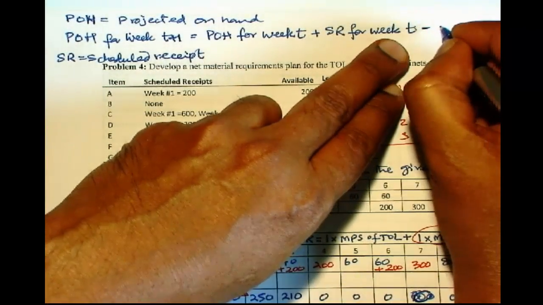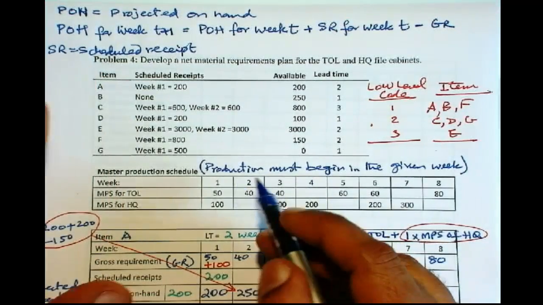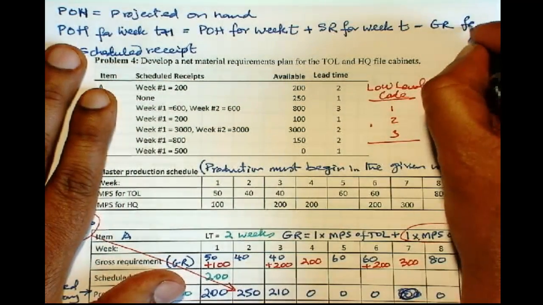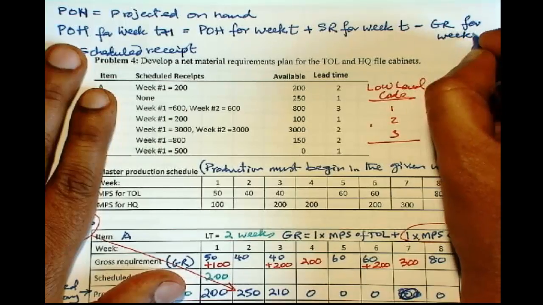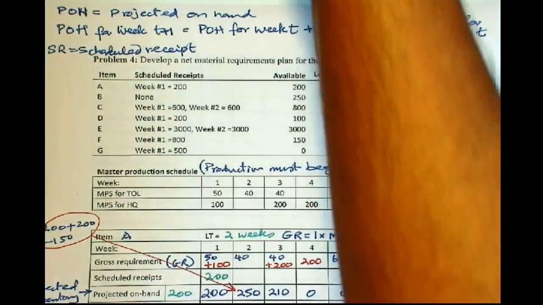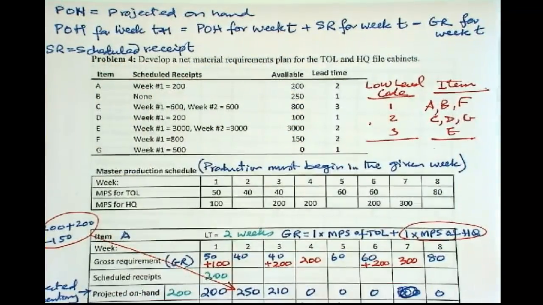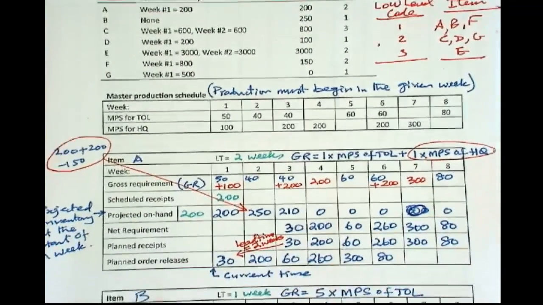Minus GR, which we have already defined as gross requirement, GR for week T. So what is available, what is coming in, what is going to be taken out, that's your projected on hand for the next week. So that's the formula.